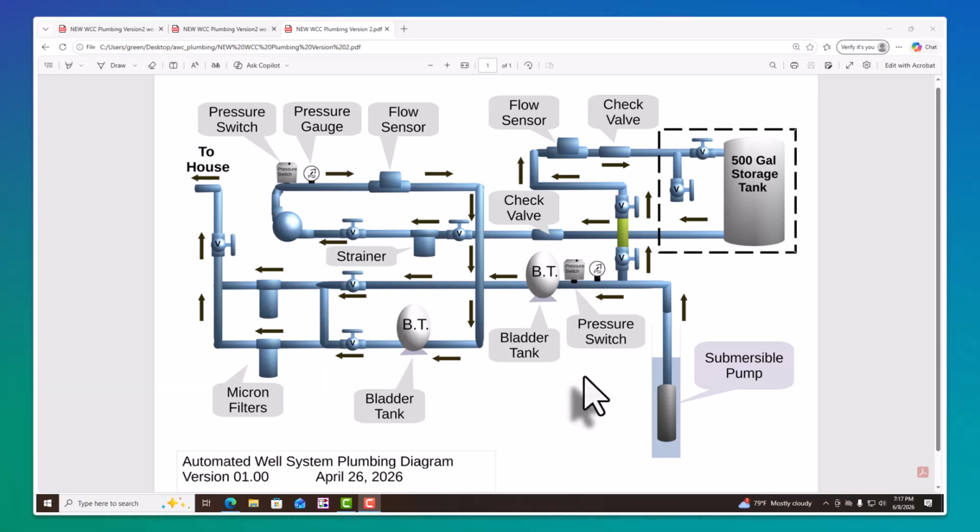I have an override switch that patches through power and does not have it managed by the electronics. So the power to this pressure switch would be managed by the electronics if it's going to the new system. If it's going to the old, then I'll flip the bypass switch, and this pressure switch will always have power to it, and the pressure switch here will regulate the power to this bladder tank.